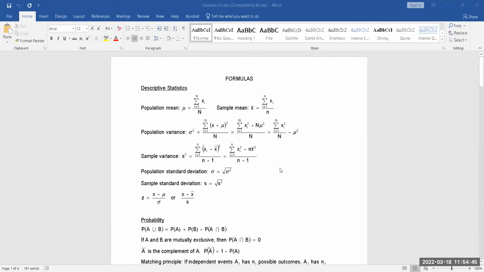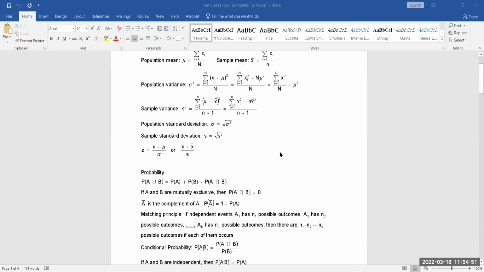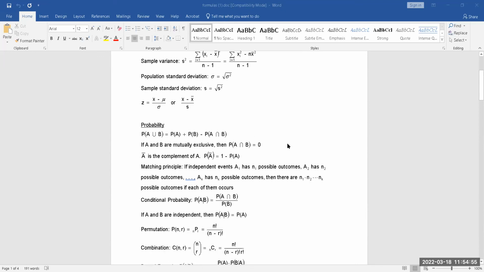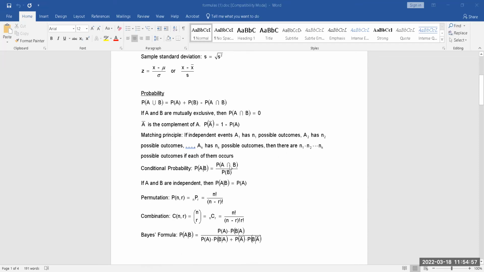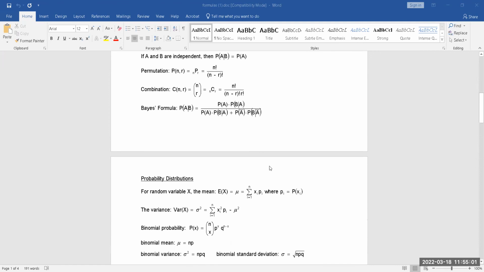All right, so on the sheet here, these were the formulas we did the first test. Here's some of the probability things. Remember union and intersection, and you guys did a pretty good job at that. Conditional probability. Now, going down here, permutation, we know that. You don't have to enter the factorials, you just have to know which keys on your calculator.